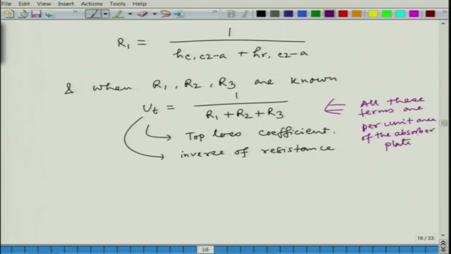Okay. And ultimately this area comes into picture in the useful heat equation QU. So, that is why the UT, R1, R2, everything you have to find out in terms of unit area.